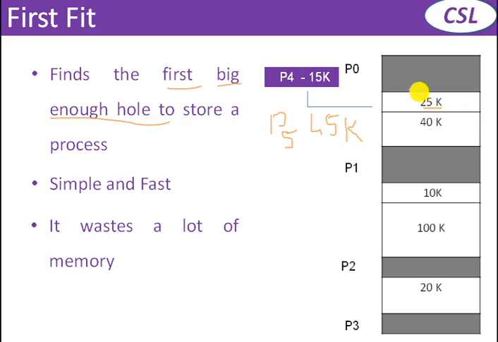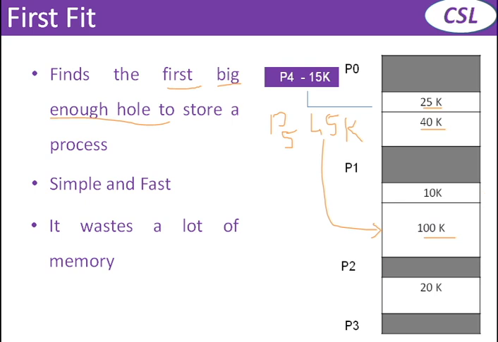P0 is already accommodated, P4 is already done, and here 40K is available, but we cannot fit the 45K process in 40K. Next 10K is not suitable, and the next one is 100K. So this 45K is assigned to this 100K partition, and the remaining 55K of memory is wasted. That is the drawback in this technique, but it is a very simple technique.